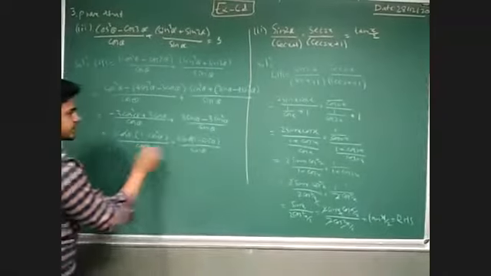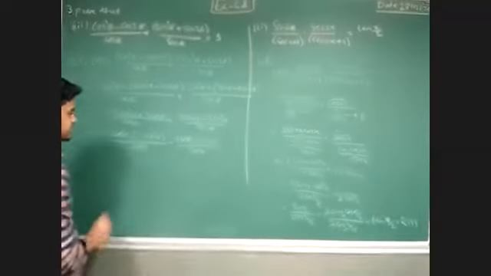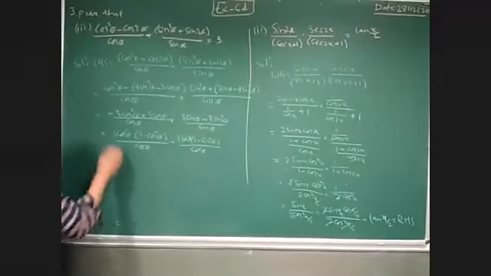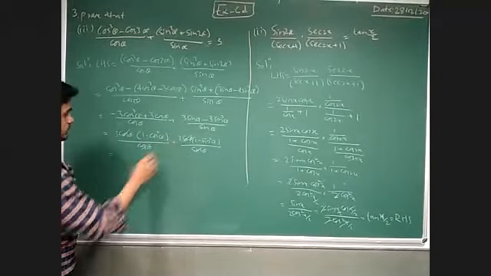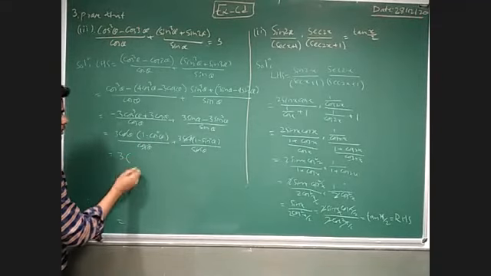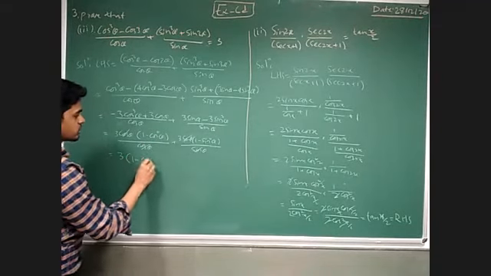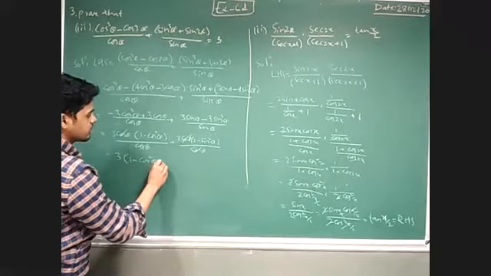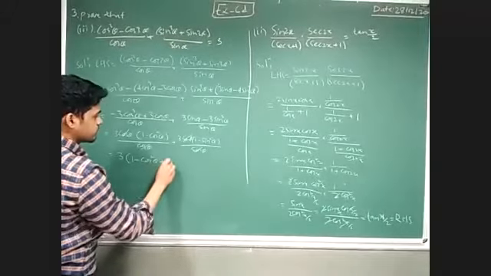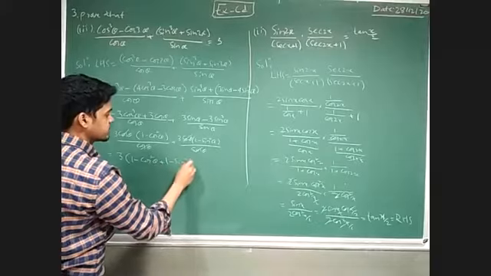Okay, then cos will get cancelled, sin will get cancelled. So here I'm going to take 3 as a common. So here I will have 1 minus cos square theta plus 1 minus sin square theta.